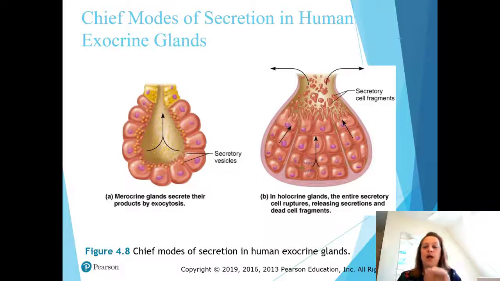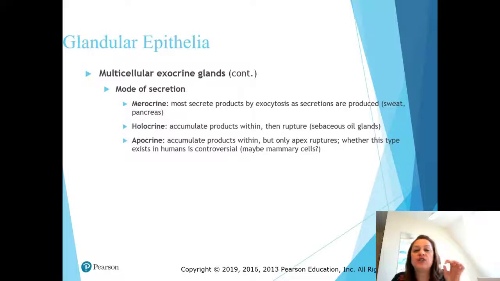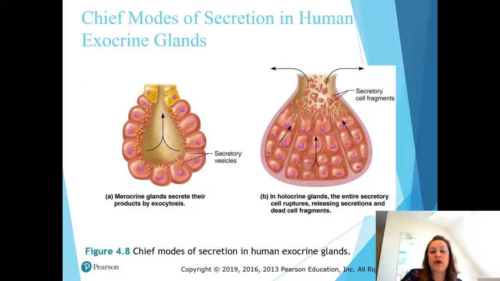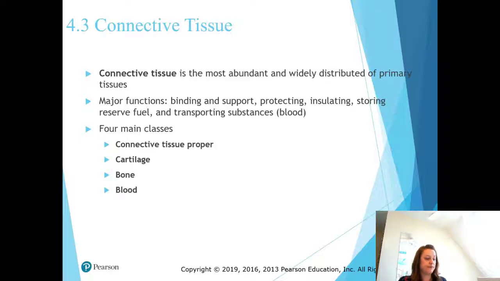The one on the right, we have all of the cells stacked on top of each other, and actually the cell itself ruptures open. We're still secreting something, just depends on the type of gland and what the secretion is. In the holocrine gland, that classic example is our oil glands we get on our face, our T-zone, our sebaceous oil glands. So, merocrine and holocrine.